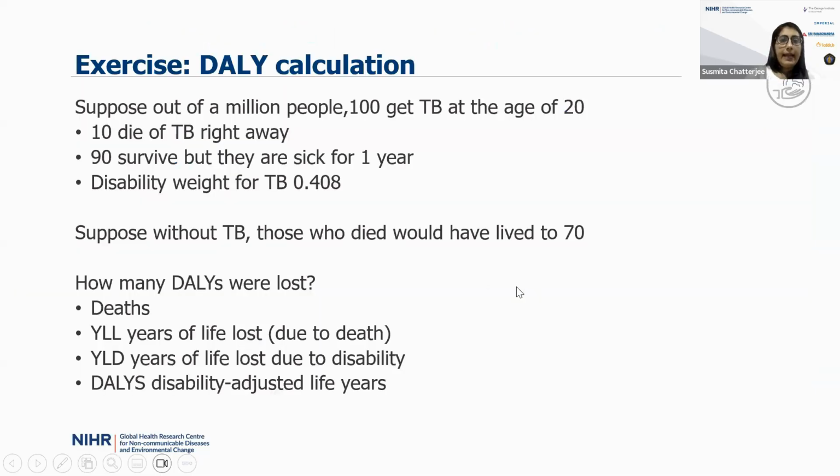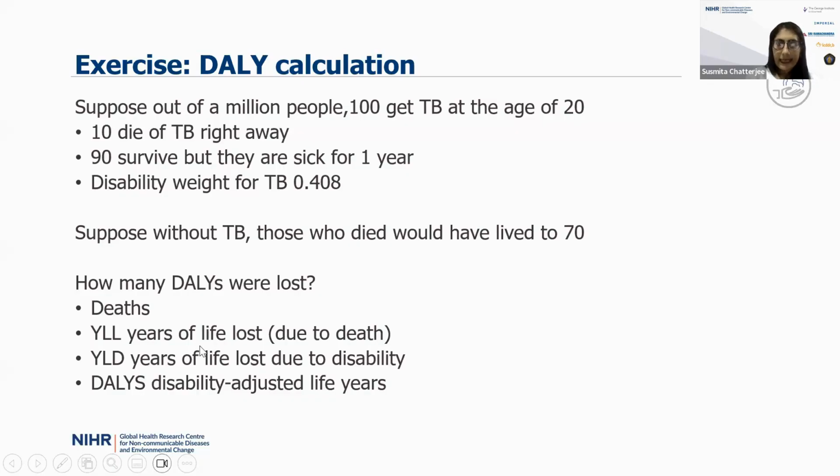And suppose without TB, those who died would have lived up to 70 years. My question is, how many DALYs were lost? To answer this question, you have to find out this. That's why I gave you the clue. How many deaths were there?